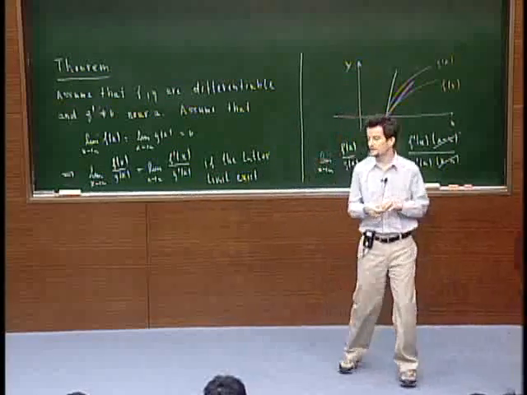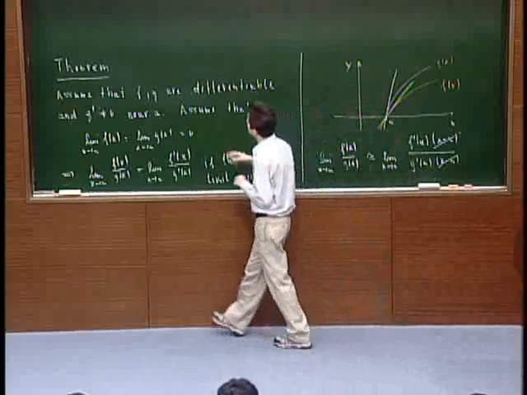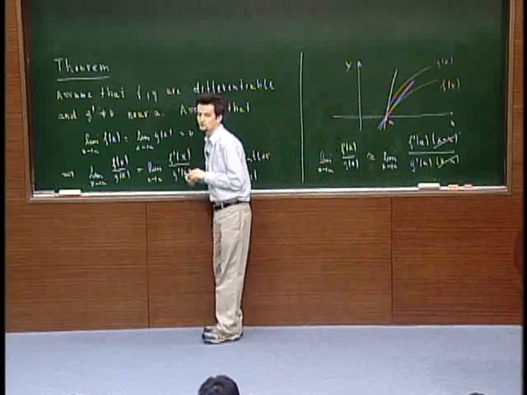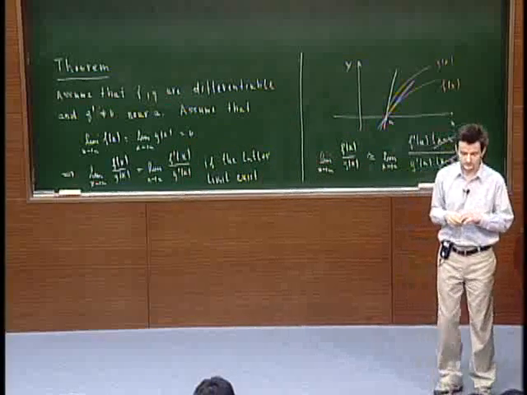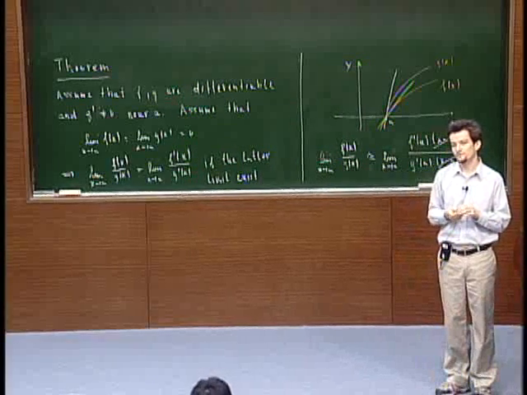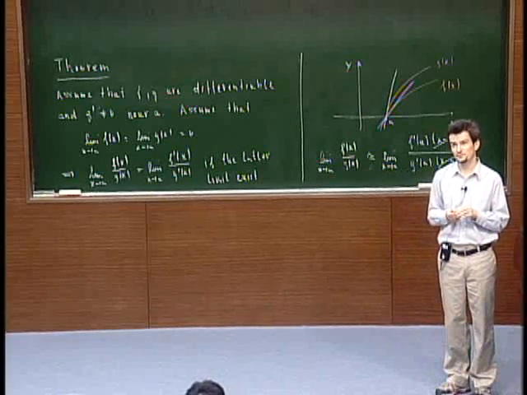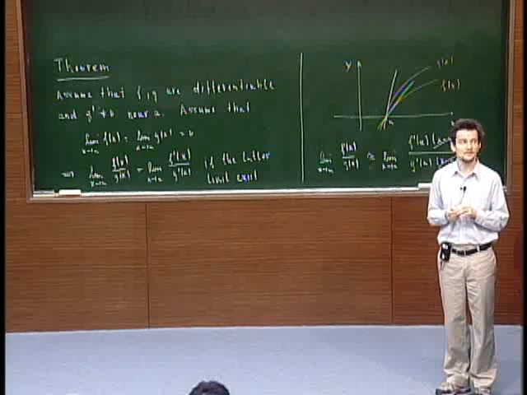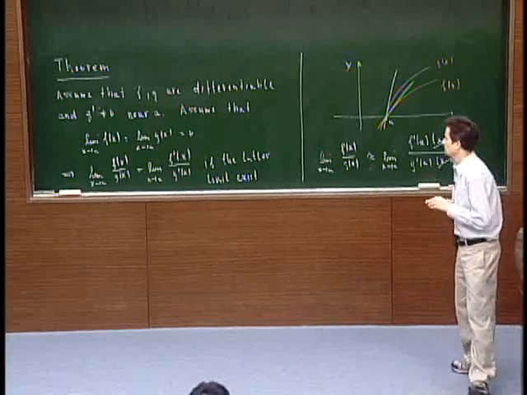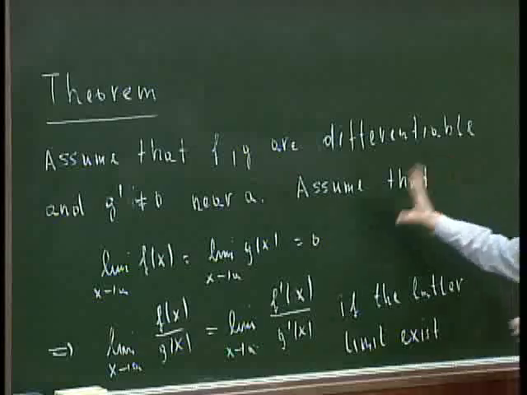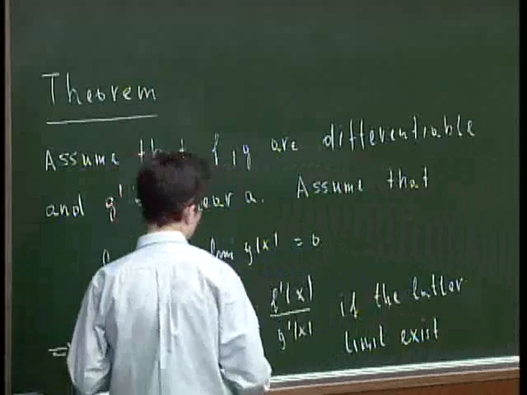Okay, but here we do not necessarily need that the derivatives of f and g are continuous. Actually, to find a function where the derivative exists but is not continuous, it's not so easy. Maybe I will say a little bit about this in half an hour. But let's first maybe look at the proof of this result here.